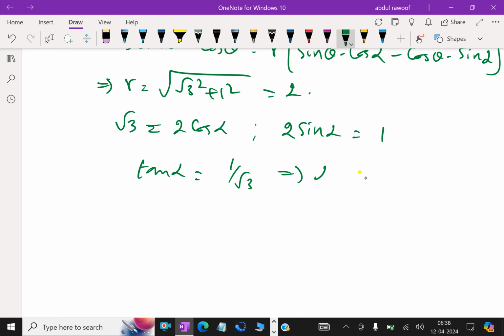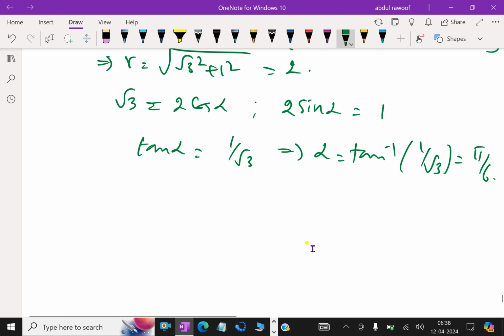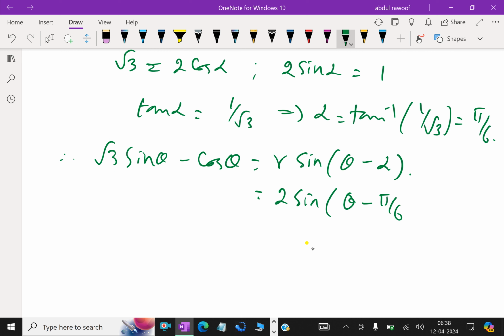Now we got the angle alpha. Therefore, we can say root 3 sin theta minus cos theta can be expressed as R sin(theta minus alpha). Substituting the values, R equals 2, so it is 2 sin(theta minus pi by 6).